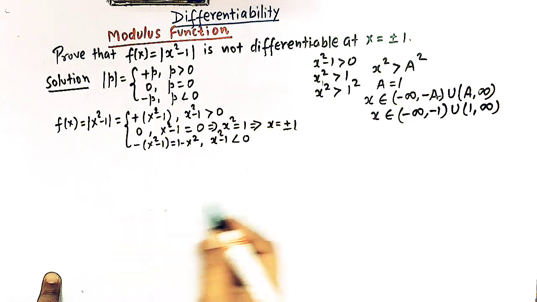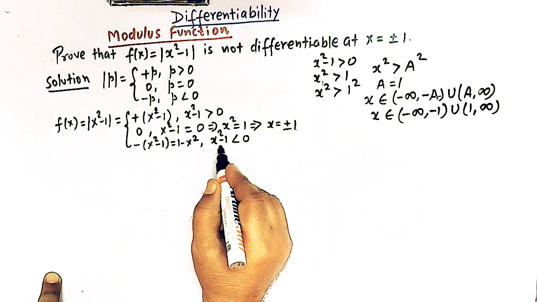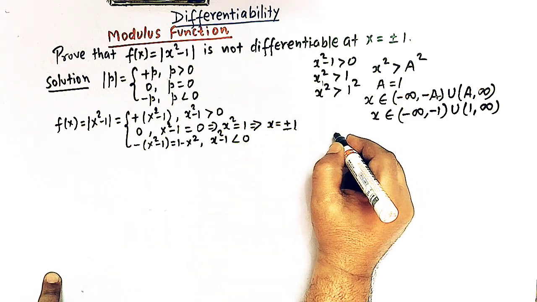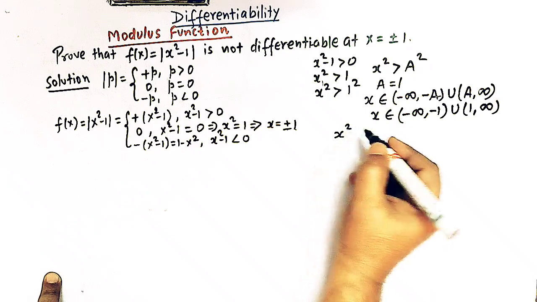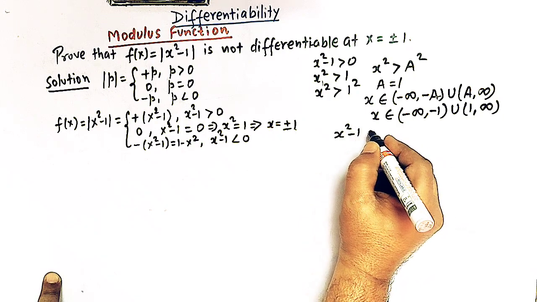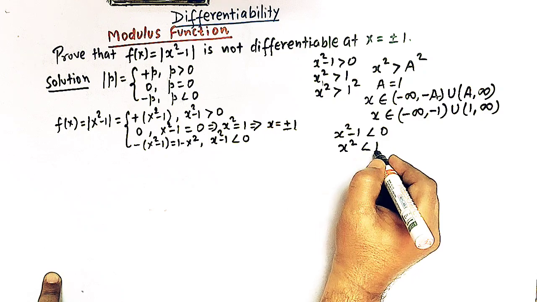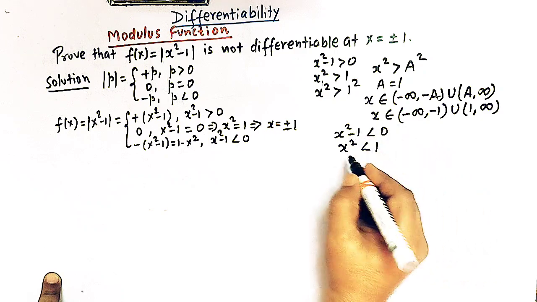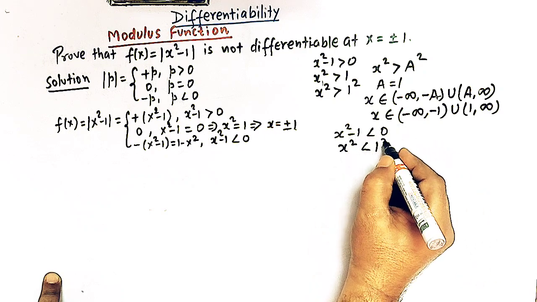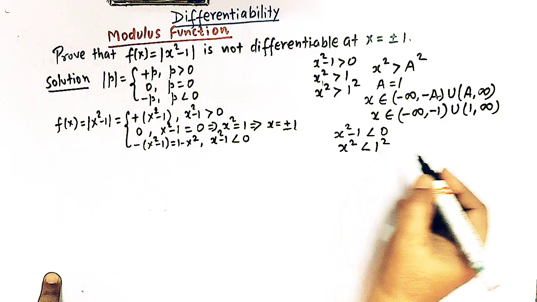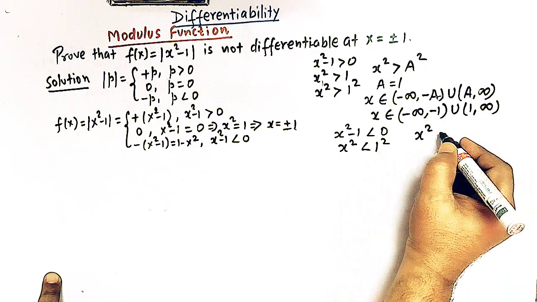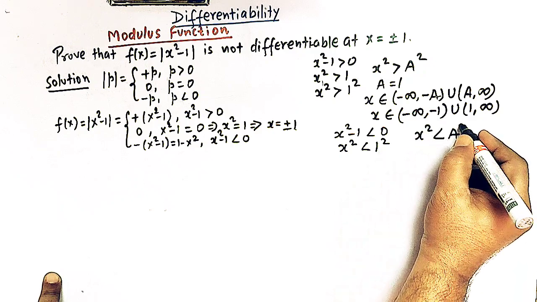And the solution of this inequality can be written like this: x square minus 1 is less than 0, so x square is less than 1, taking minus 1 to this side, and here we can write it as 1 square. This is of this form: x square is less than a square.